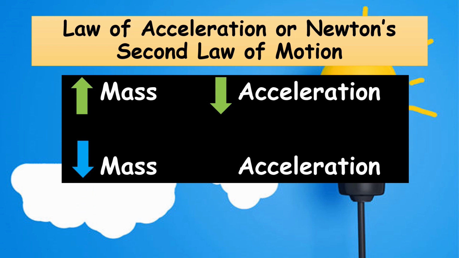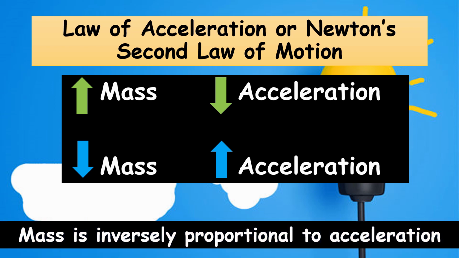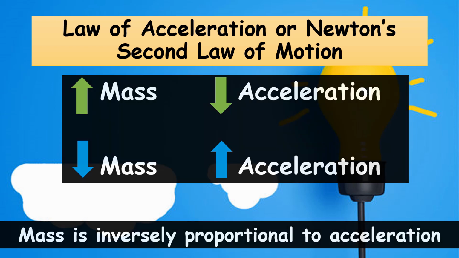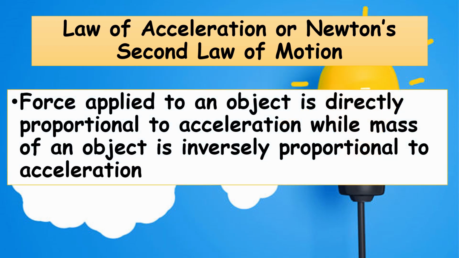Kapag naman mababa ang mass, mataas ang acceleration. Meaning to say, mass is inversely proportional to acceleration. Bakit? Kasi kapag mas mabigat ang isang bagay, mas mahirap siyang pagalawin. Kapag magaan ang isang bagay, mas madali siyang pagalawin. Force applied to an object is directly proportional to acceleration, while mass of an object is inversely proportional to acceleration.